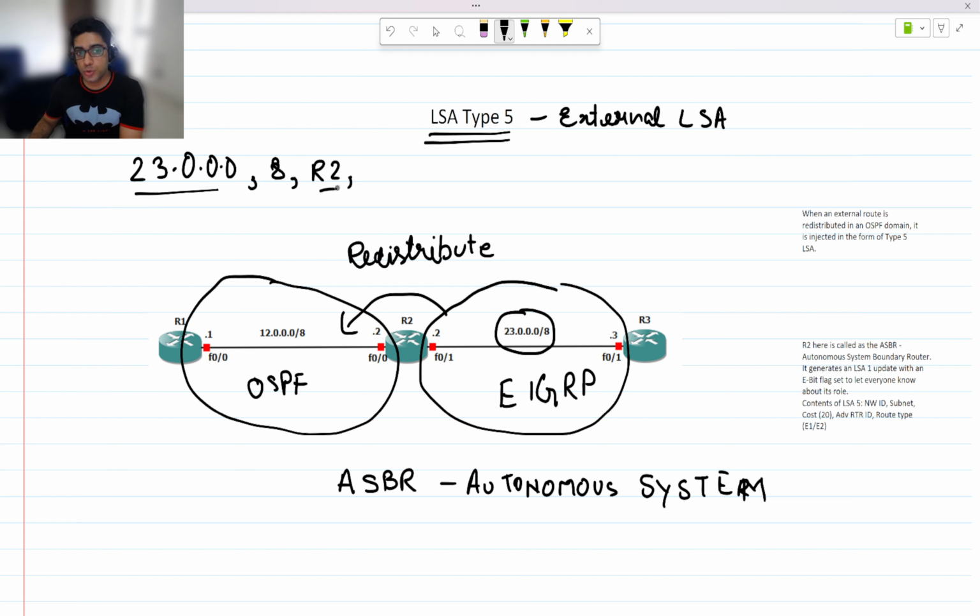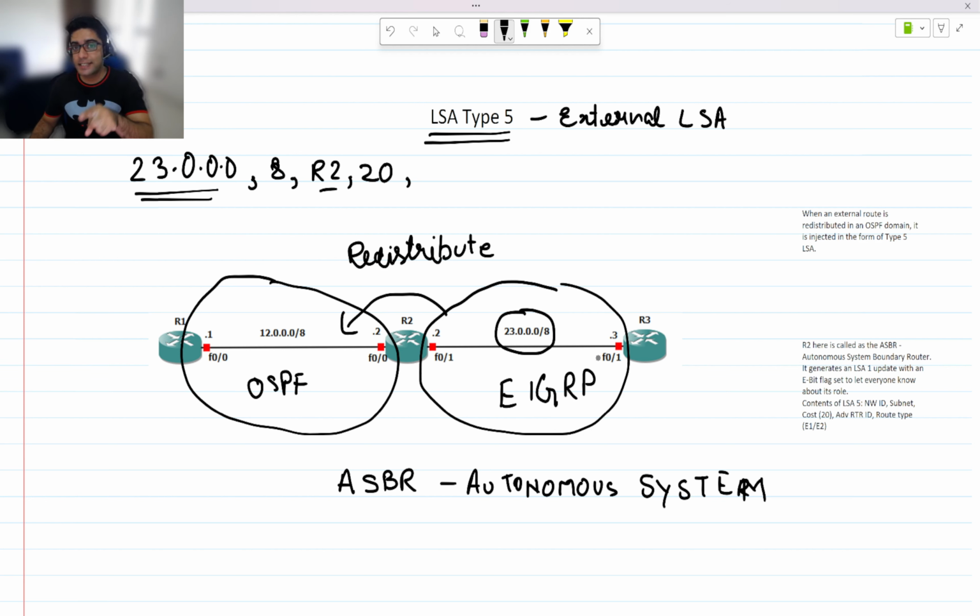And what is R2's cost to reach the 23 network? Please remember that by default, whenever an ASBR injects an external network through redistribution into an OSPF network, it has a default cost of 20. No matter what the interface type is, we know that R2 is connected with R3 on a Fast Ethernet link, and in OSPF the Fast Ethernet link has a cost of 1.